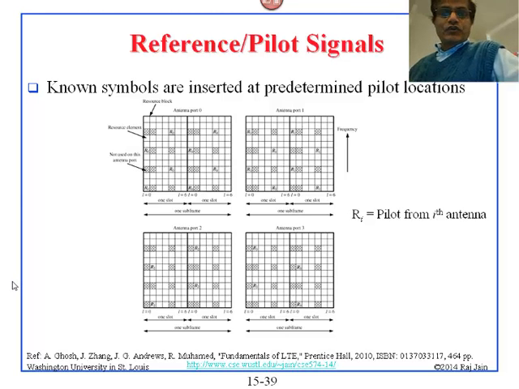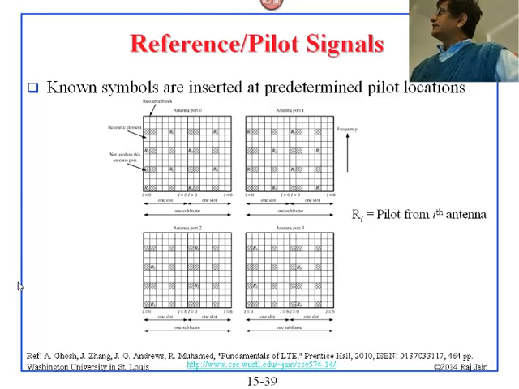So here what I have shown, if you can see somewhat, and this is a checked copy of the picture, is that anything that is hatched is a pilot. And they call it reference signals. Some of the pilots are basically common in all situations, and some are special. So somewhere it says R0, R1, R2, R3.